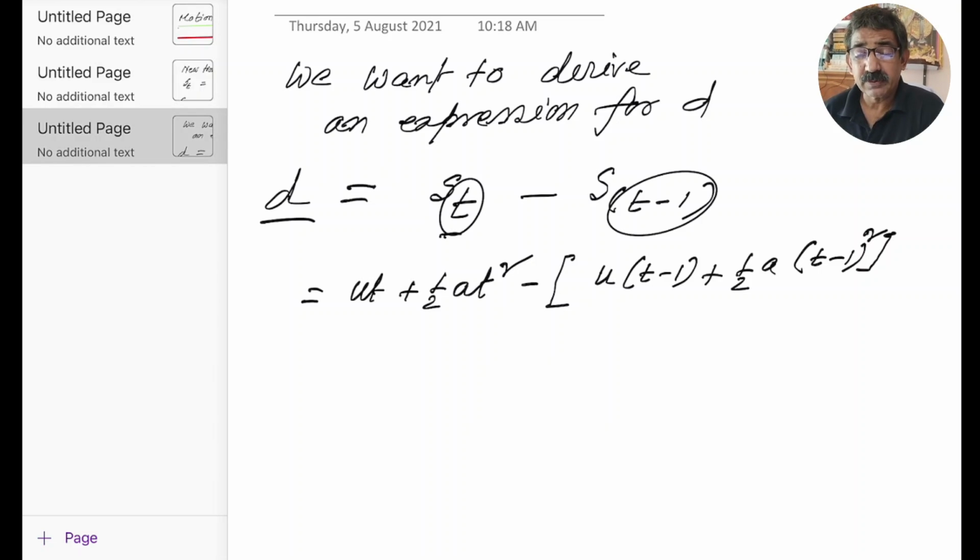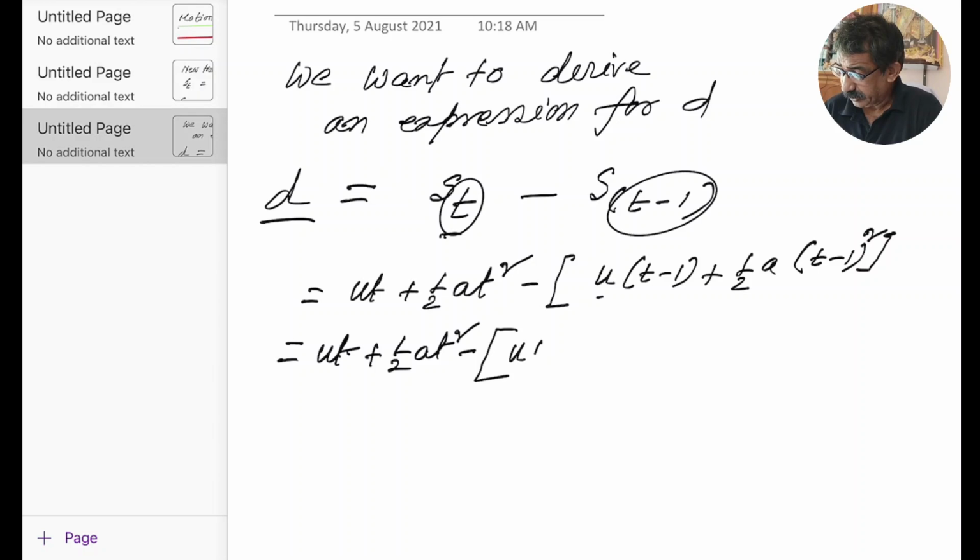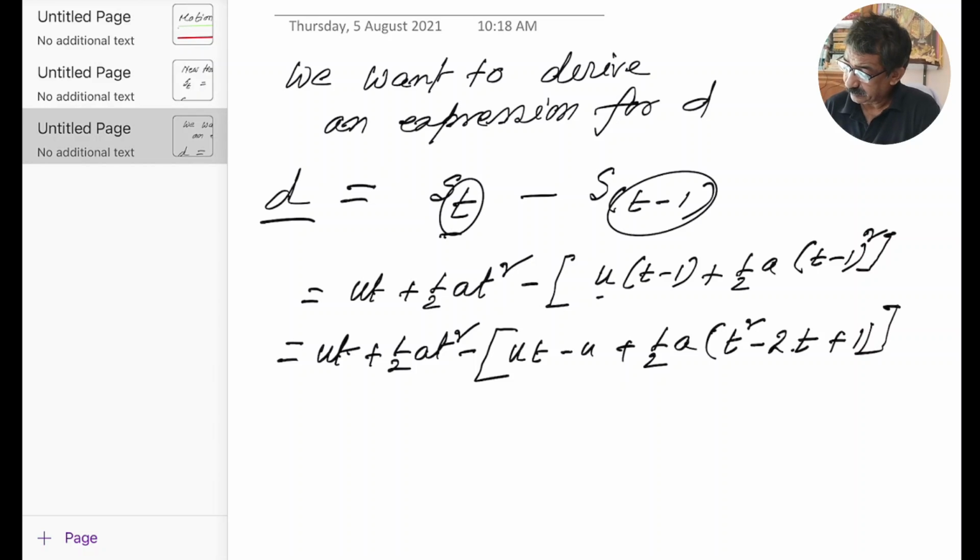We have to expand this formula like this: d is equal to ut plus half at square, within bracket u into t minus 1, u into t minus u, plus half a as it is, t minus 1 whole square, that means t square minus 2t plus 1, bracket closed, and again another bracket.